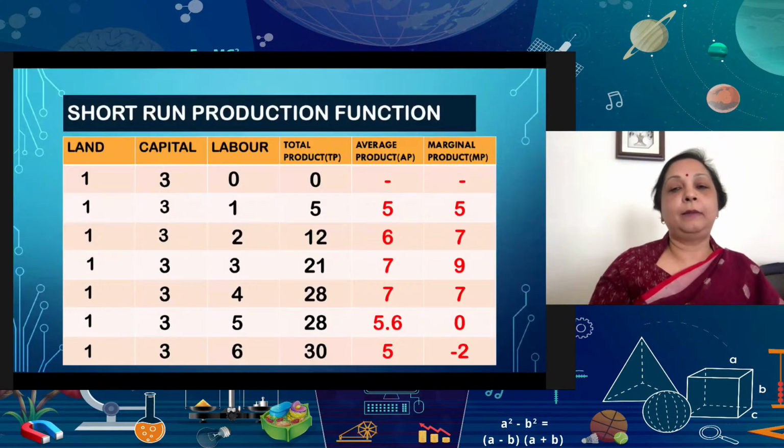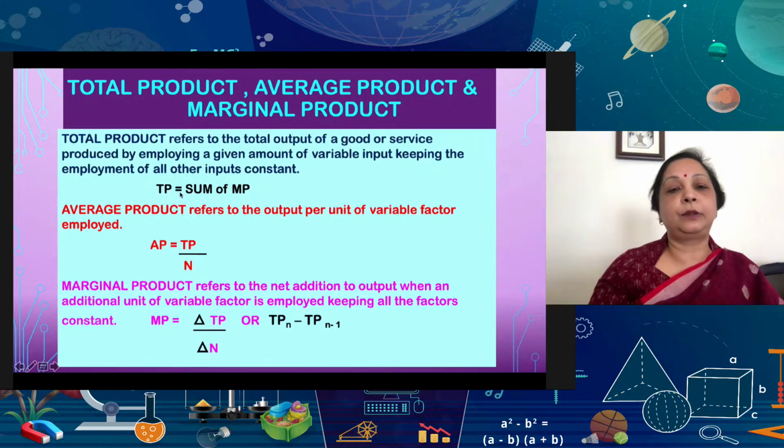When you add the marginal product column, 5, you get 5. 5 plus 7, 12. 12 plus 9, 21. 21 plus 7, 28. So that's why I've said total product is sum of marginal product.